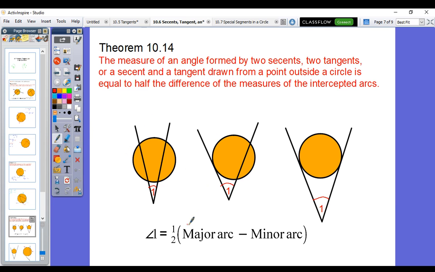I'm going to do the major arc in red and the minor arc in blue, just so you can see where the arcs are at, though, is different. So the major arc of this one right here is between the 2 points right here, from here to here. The minor arc is closest to the angle itself, still in between the 2 legs of the angle.